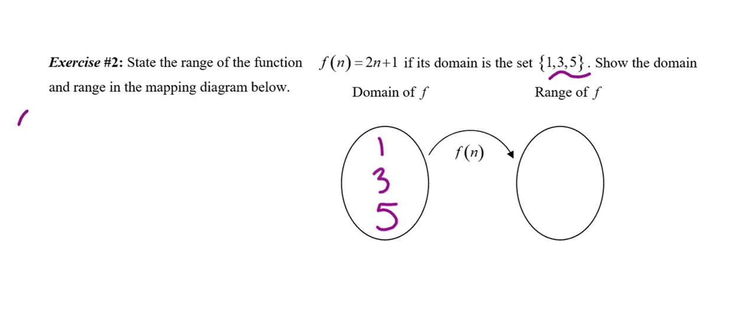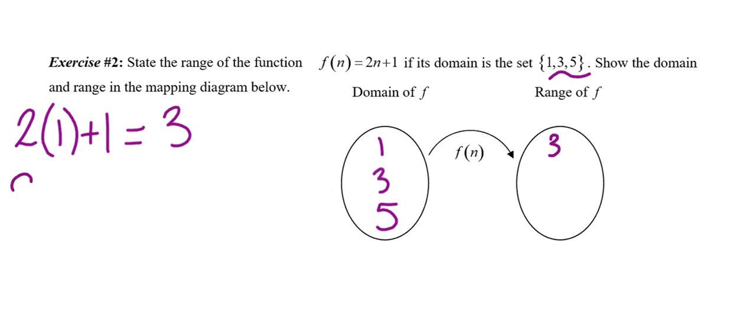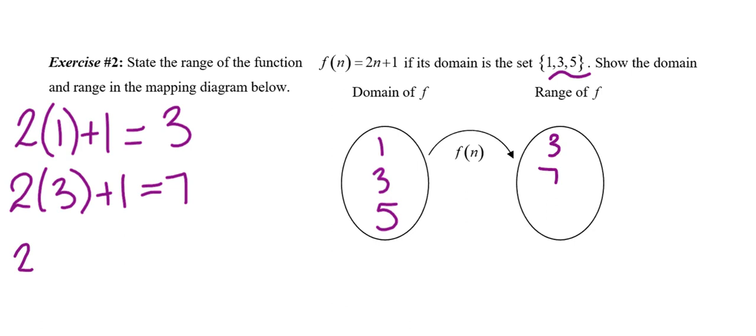So I have 2 times 1 plus 1, which gives me 3. So that will be my first one. Then I have 2 times 3 plus 1 gives me 7. And then 2 times 5 plus 1 gives me 11.